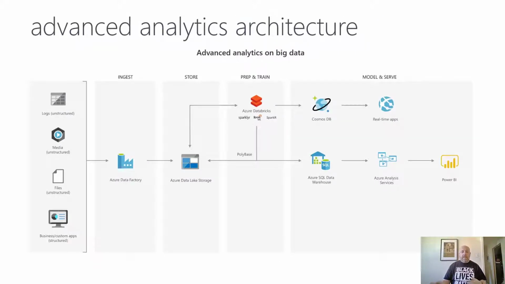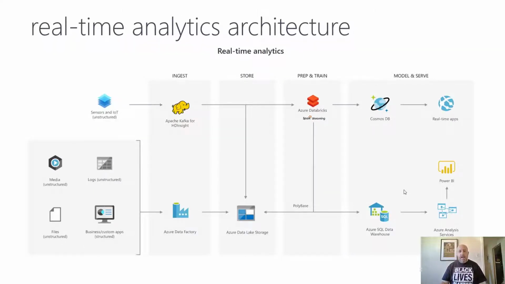And we see a couple other examples here where we can bring in Cosmos, and maybe we're bringing in Kafka to ingest some of our real-time sensor data or other IoT appliances. But I think what we're seeing here is that Databricks kind of sits in the center of everything. And I'll come back to that point in a minute.